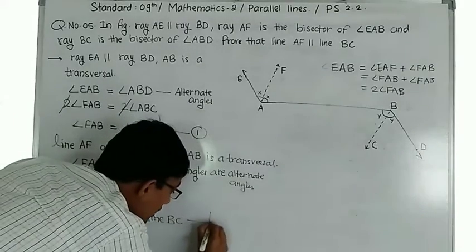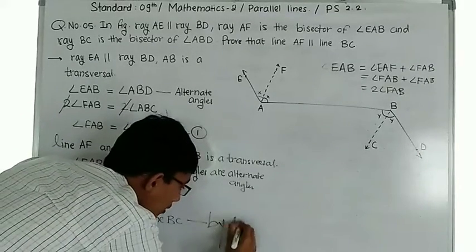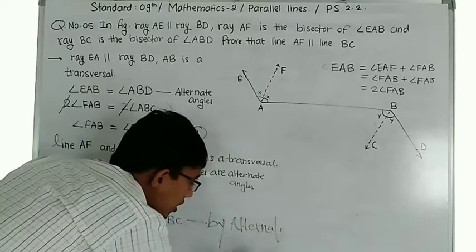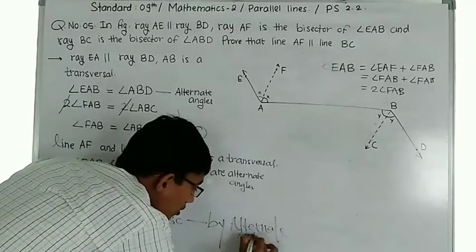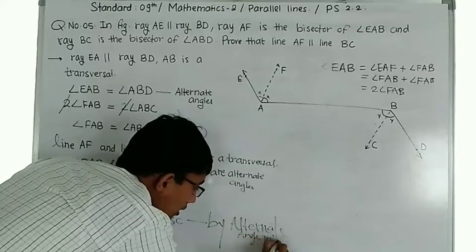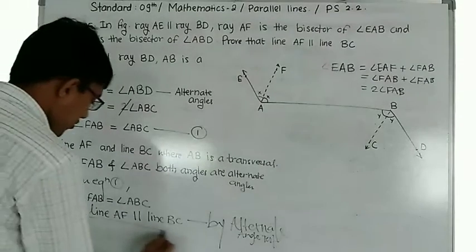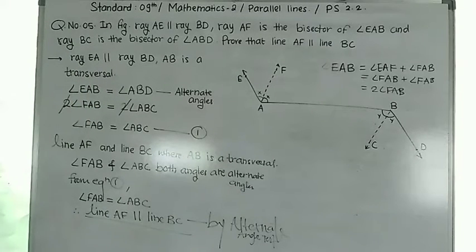By alternate angle test. Okay, so in this way we have proved that line AF is parallel to line BC. Hence, it is proved.